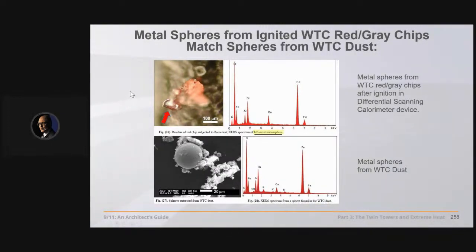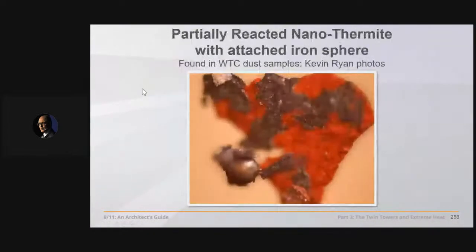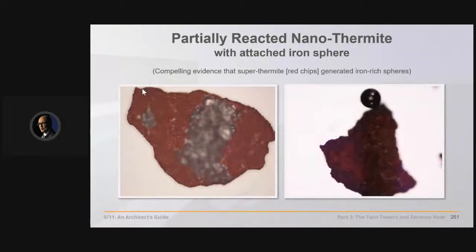They came from these red-gray chips. As if we didn't know, because they're found attached to these partially ignited red-gray chips, as you see here and here. So we have an internally consistent, self-corroborating set of repeatable experimental data, which can be used in a court of law to bring the real perpetrators to justice.